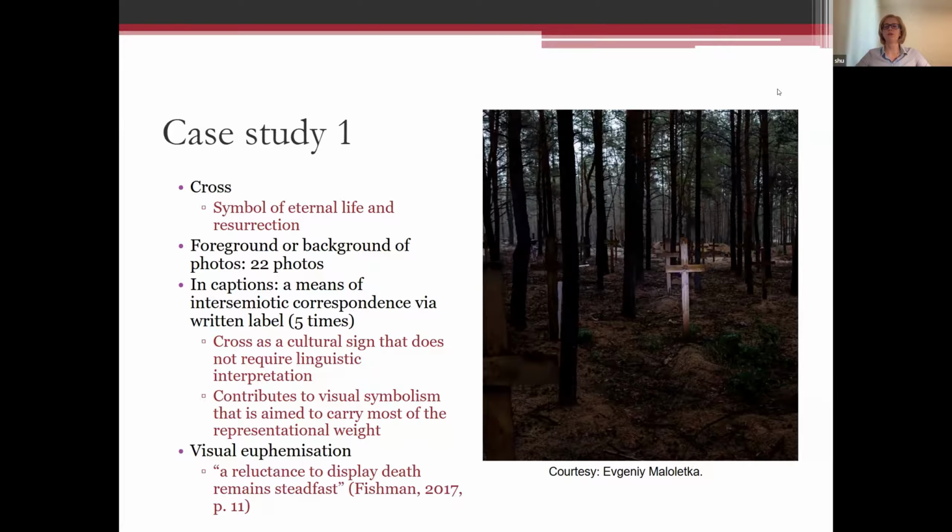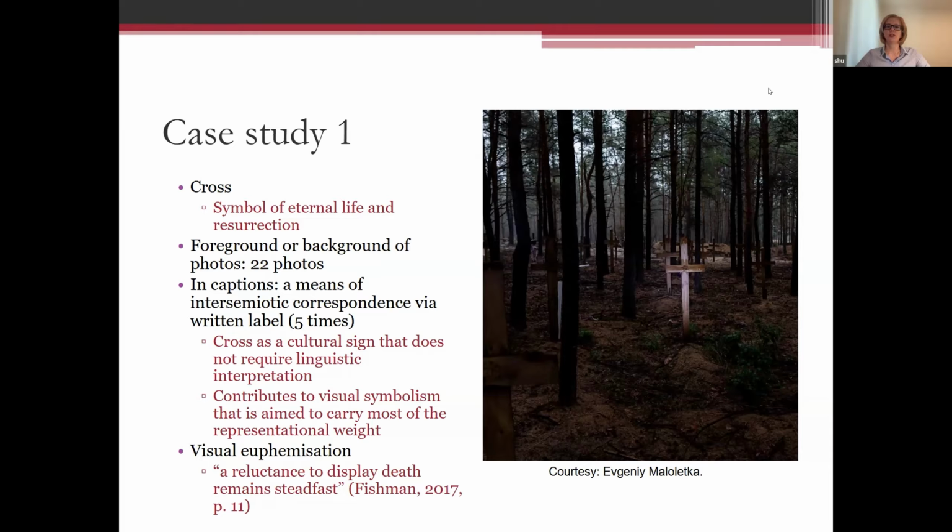Interestingly, crosses were foregrounded or backgrounded in 22 photos added to 16 articles. At the same time, another interesting feature was that captions didn't include reference to the cross. The word cross or crosses appeared only 5 times in captions.